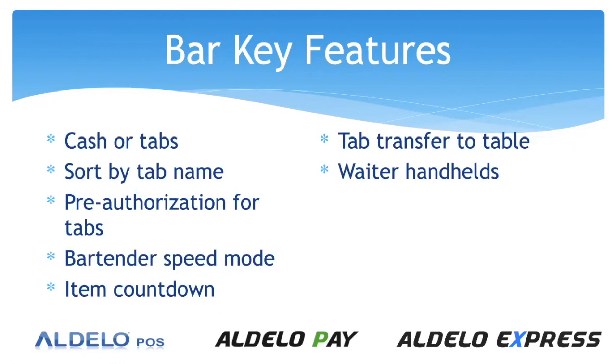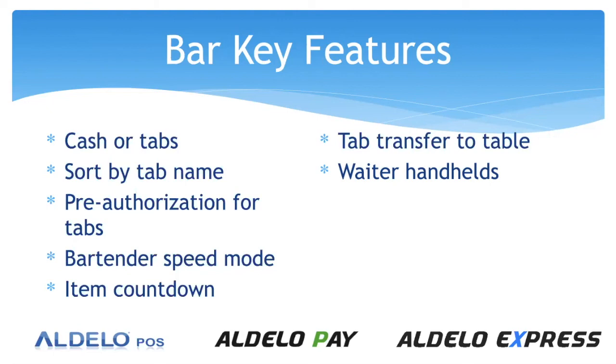Waiter handhelds, we can use iPads or the Android devices in the same network to then ring up the bar orders. That is something that's very unique in our system in that we have the ability to run Android and Apple in the same network, and they share information and share data.